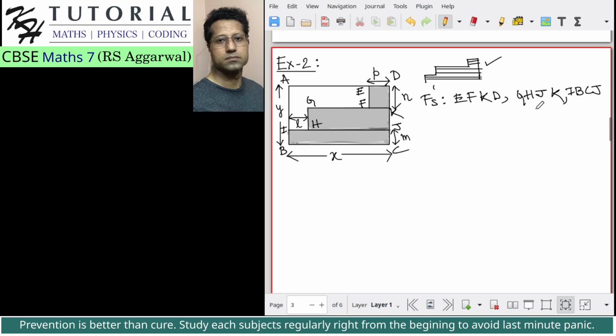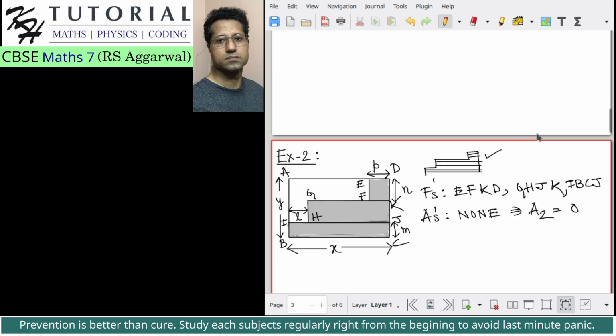You can clearly see that these rectangles EFKD, GHJK, and IBCJ do not have any overlapping region. That is, no two or more rectangles have a common area. So we do not have any overlapping sub-areas, and in this case A2 will be equal to 0.